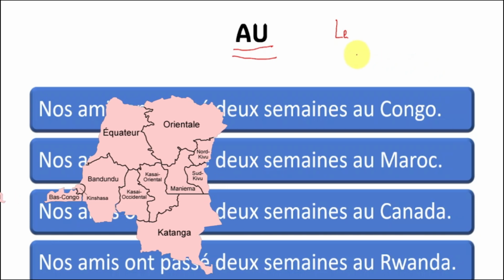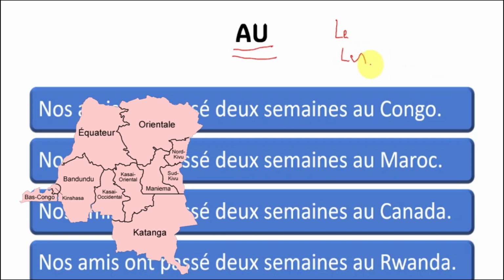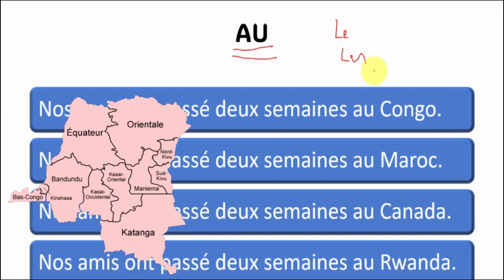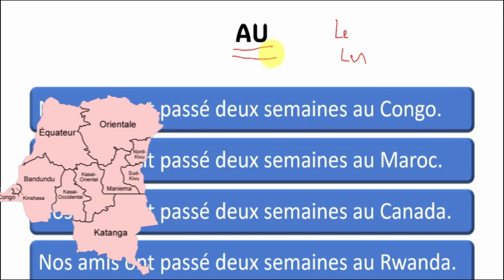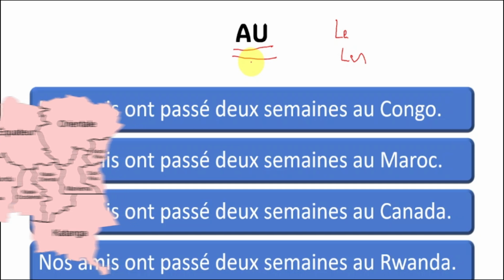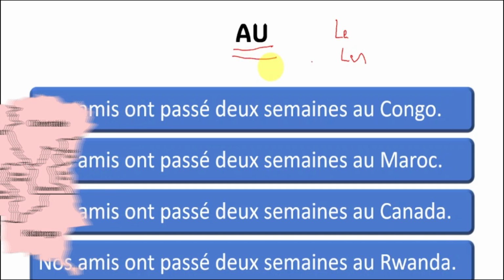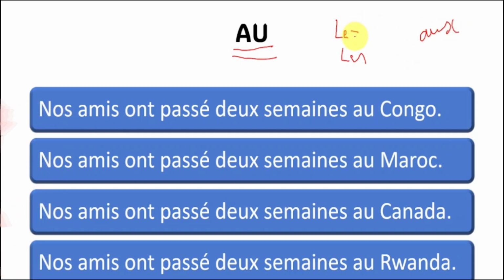Now we have another le, this one is the plural one. For United States, we're going to say les États-Unis. For the Philippines, the country on the island in Asia, we use les. Je vais aux Philippines. Okay, we use another form like this.